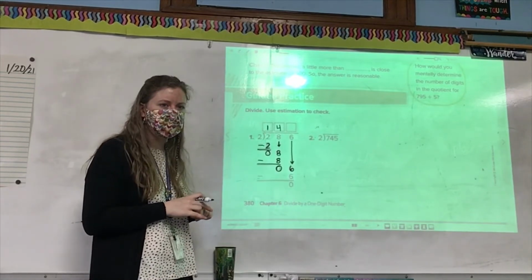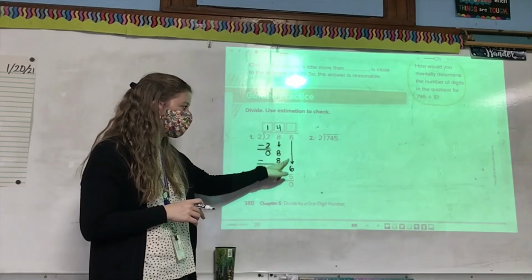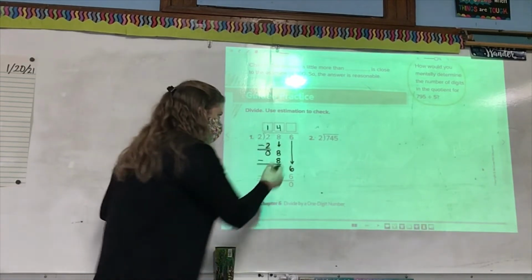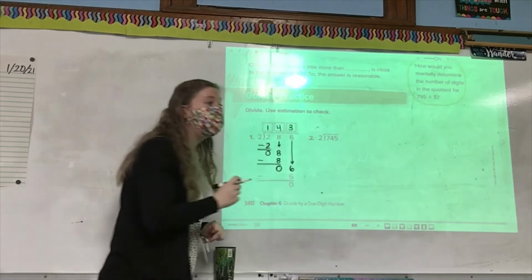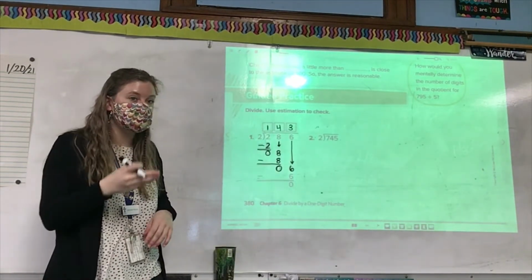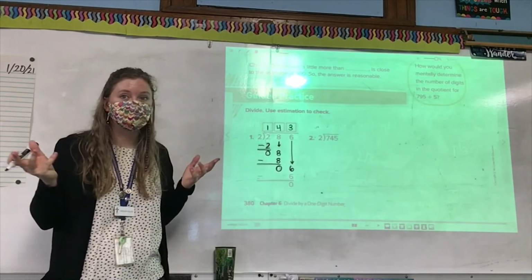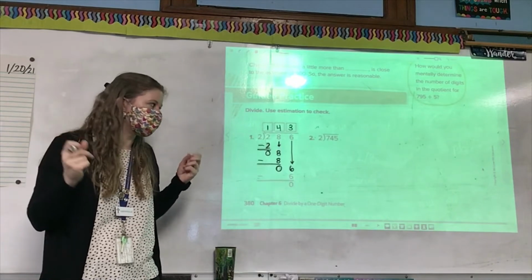Where do we write it? Above the 6, above the digit we just brought down. Remember, you're always writing the division answer above the digit you just brought down, unless it's step 1, then you're just writing above the last digit of what you first did.